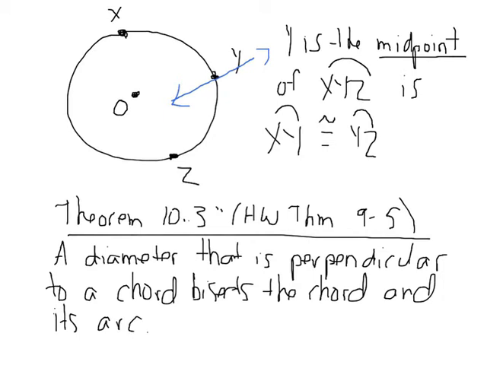A diameter that is perpendicular to a chord bisects the chord and its arc.